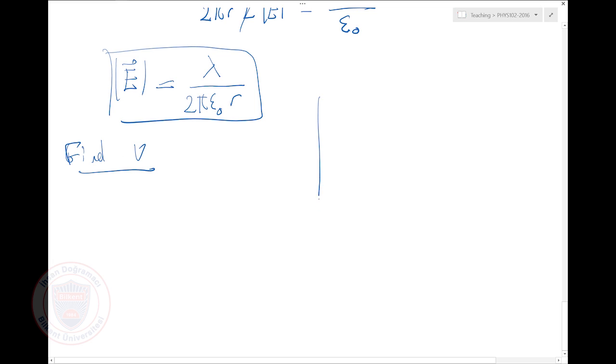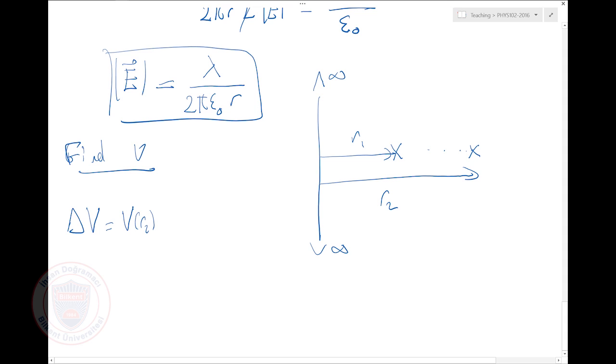Let's say I want to find the potential difference between 2 points. I'm going from R1 to R2. So let me calculate delta V, which is V at R2 minus V at R1.